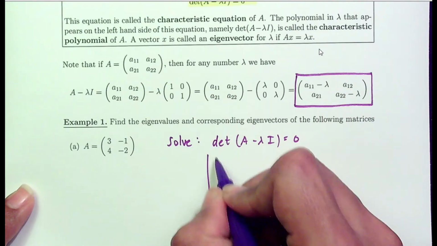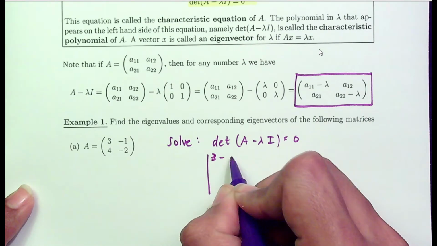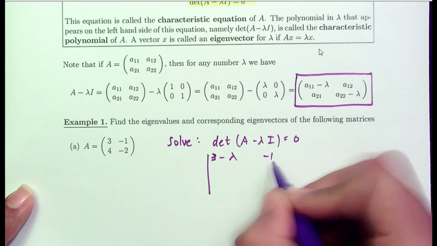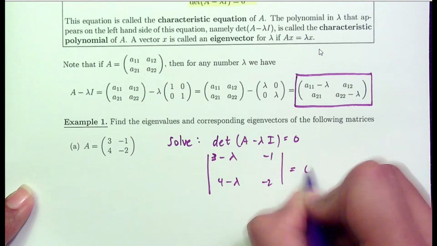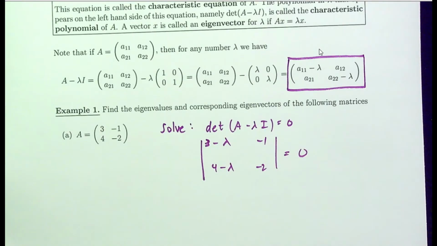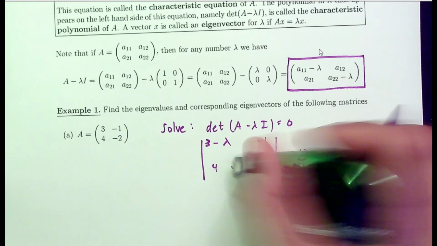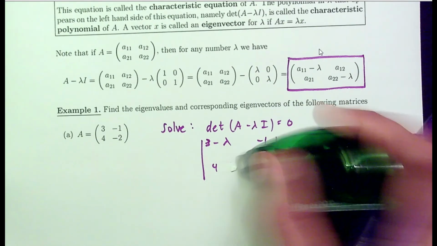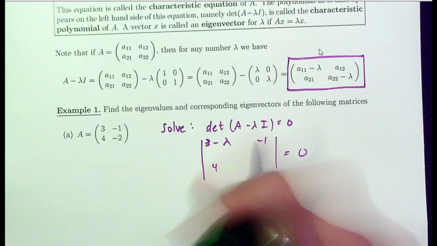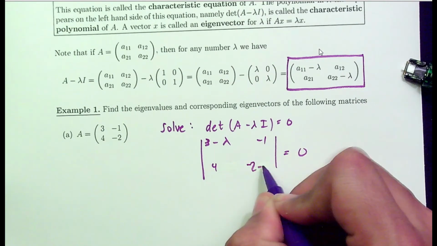So this is 3 minus lambda, negative 1, 4, negative 2 minus lambda, equals 0. Oops, I put minus lambda in the wrong spot. So negative 2 minus lambda.